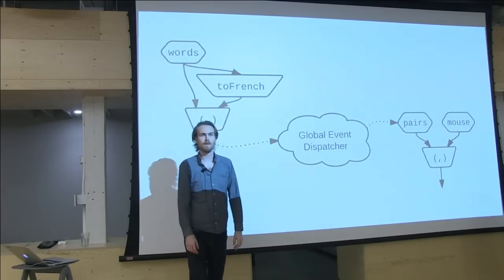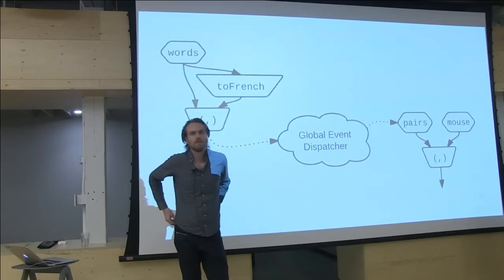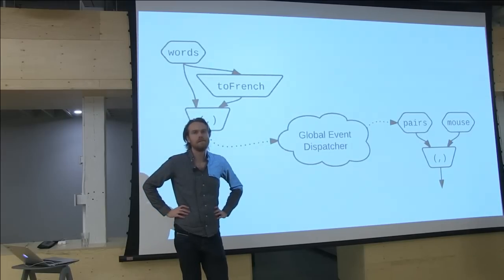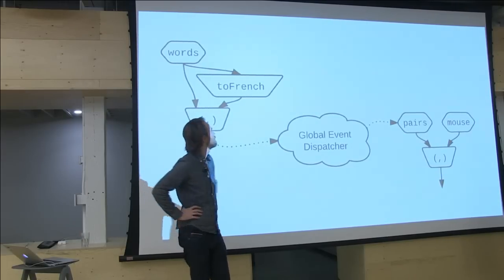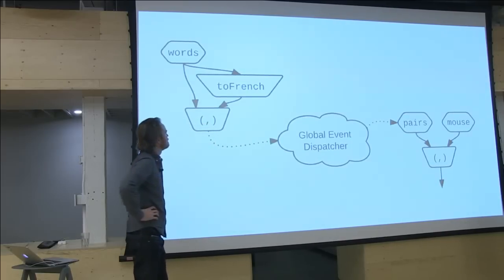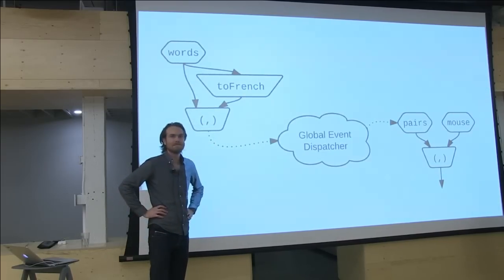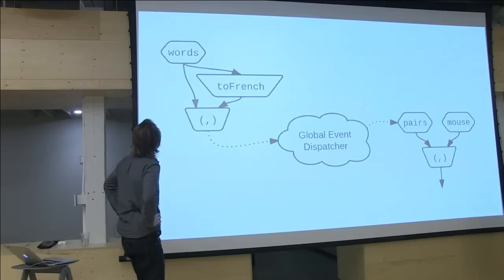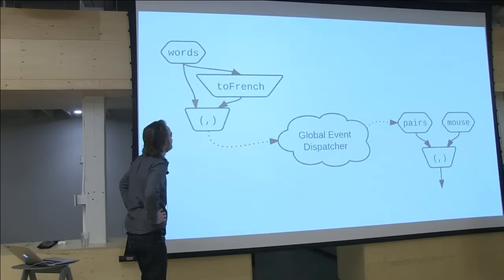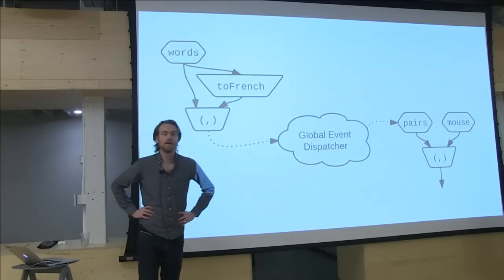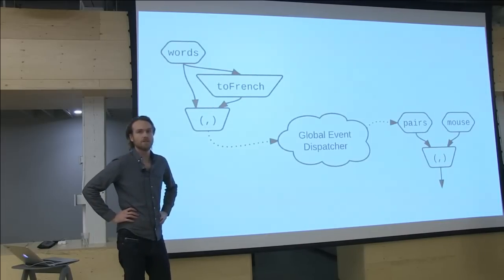When the words subgraph triggers a change event that goes into the global event dispatcher, does that then get rebroadcast back into the words input? Yes, it does. And it ends up being a no change event.